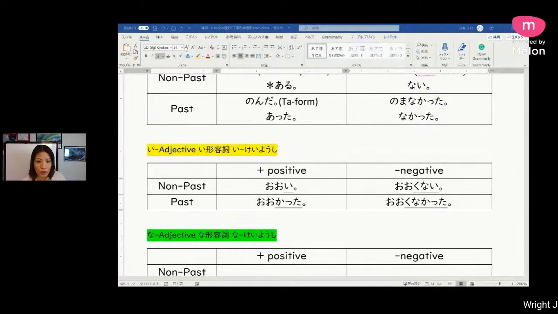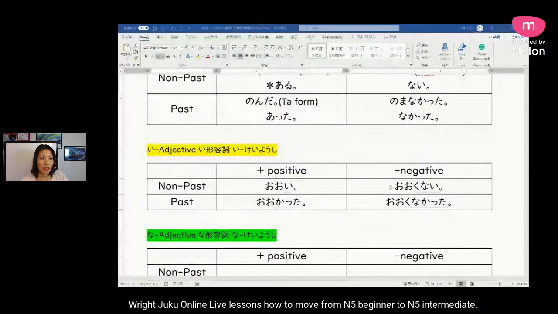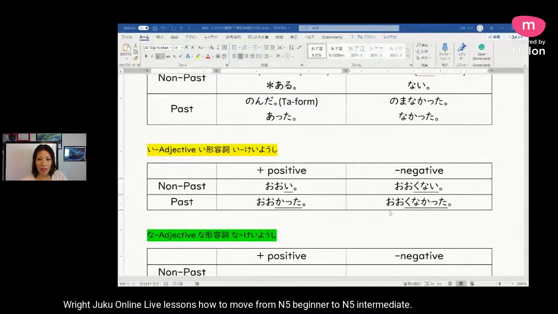All right, so for the e adjective, plain form, non-past, 多い, past, 多かった, negative non-past, 多くない, 多くなかった.